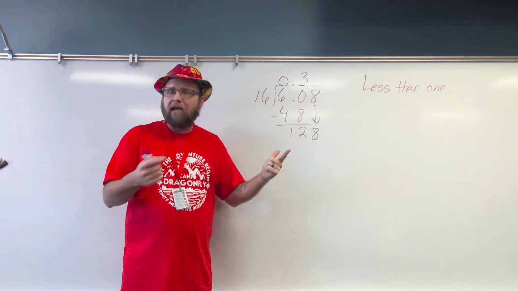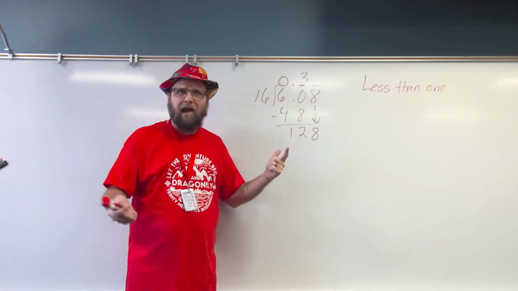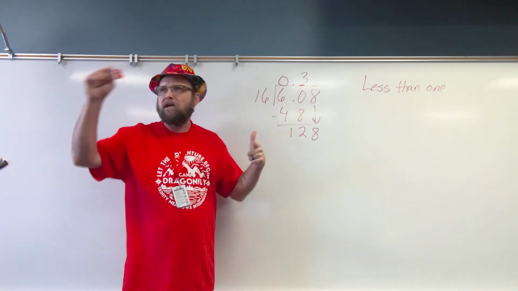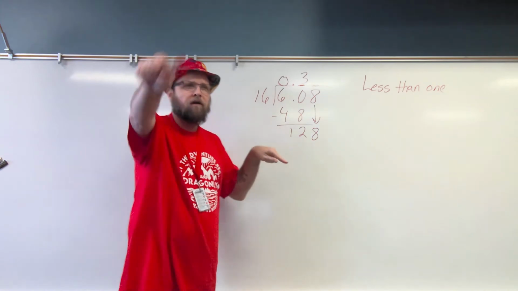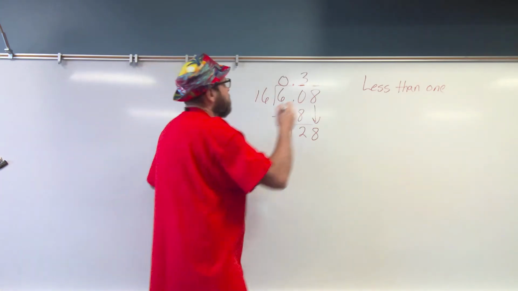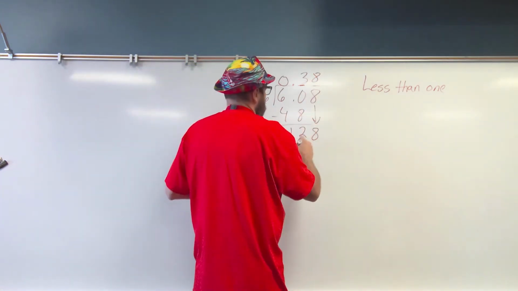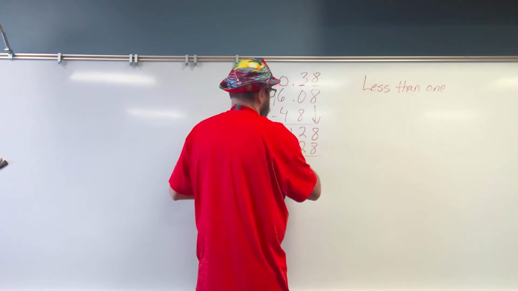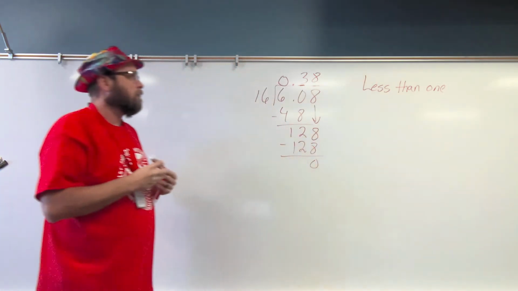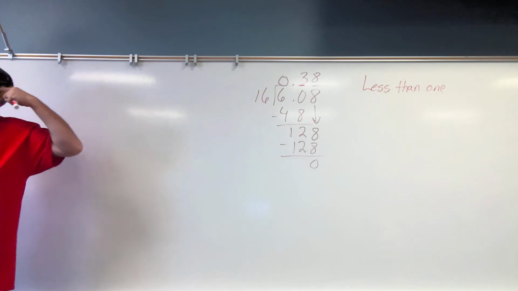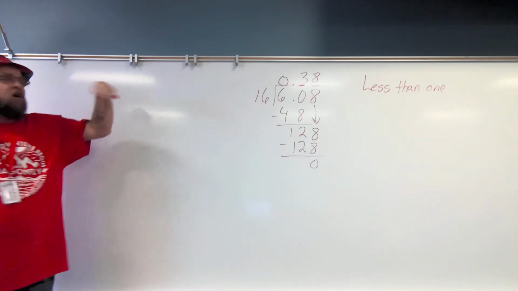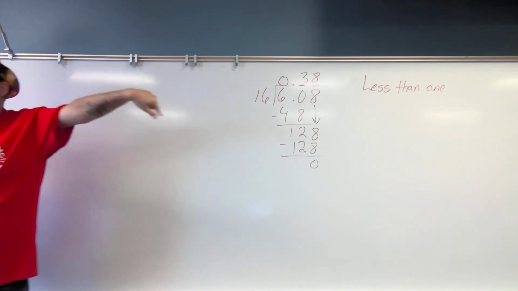Well, if I double that again, that's going to give me 16 times 8. So 64 times 2 is 128. So that'd be 8. And I would subtract and I get 0. So now I think my answer is 38 hundredths.